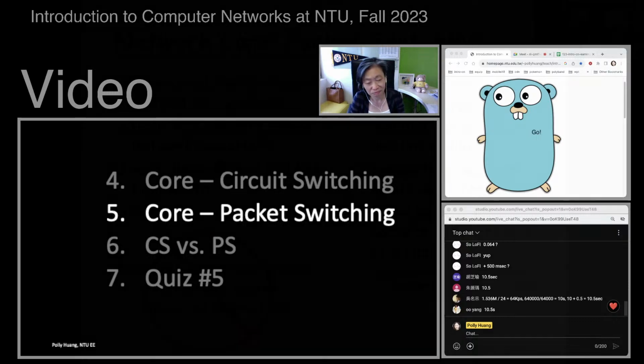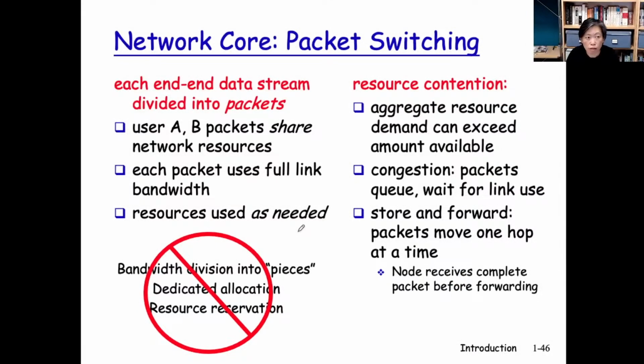Now let's discuss more about packet switching. The mechanism is very simple, right? We simply cut the data into small packets, and as the link is available, pass it out. So each of these small packets will go on the link in full bandwidth.